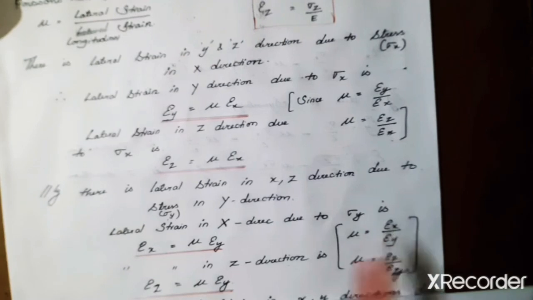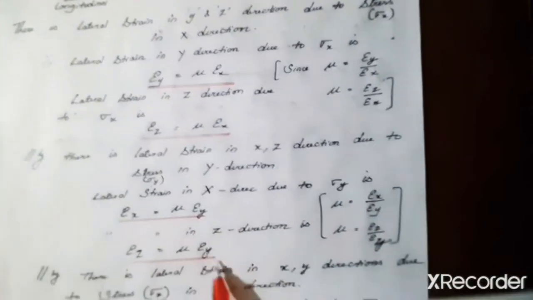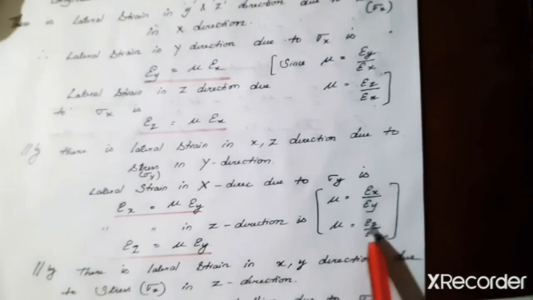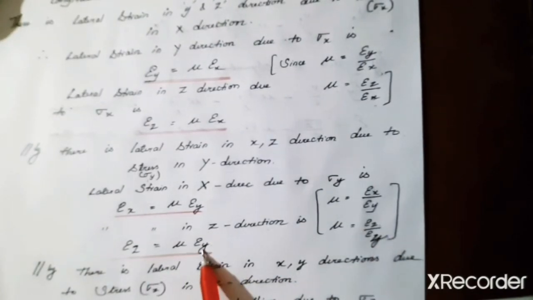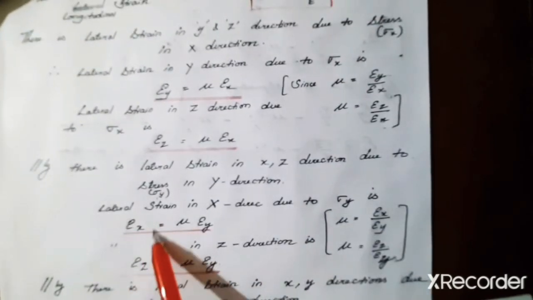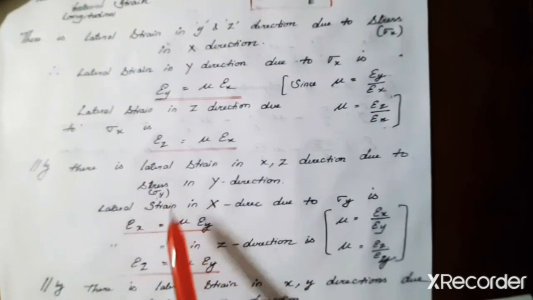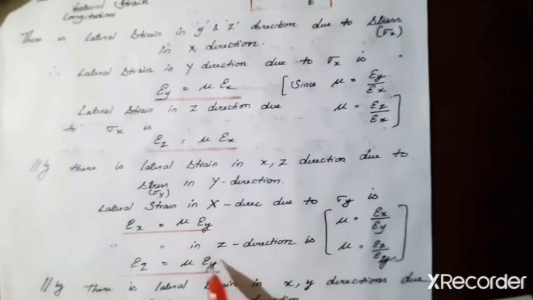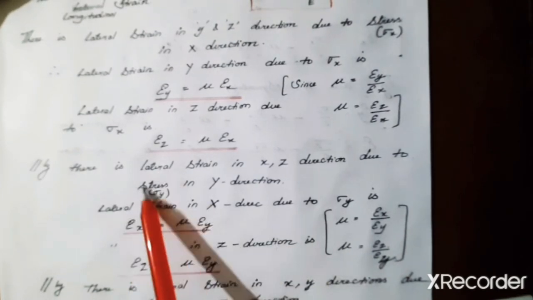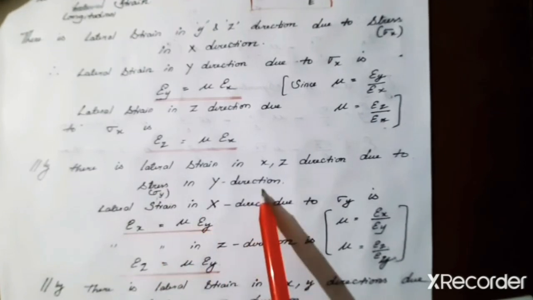So I can write epsilon x is equals to mu into epsilon y. In the same way, interchanging this, epsilon z is equals to mu into epsilon y. Therefore, epsilon x and epsilon z are nothing but the lateral strains in x and z direction because of stress sigma y in y direction.